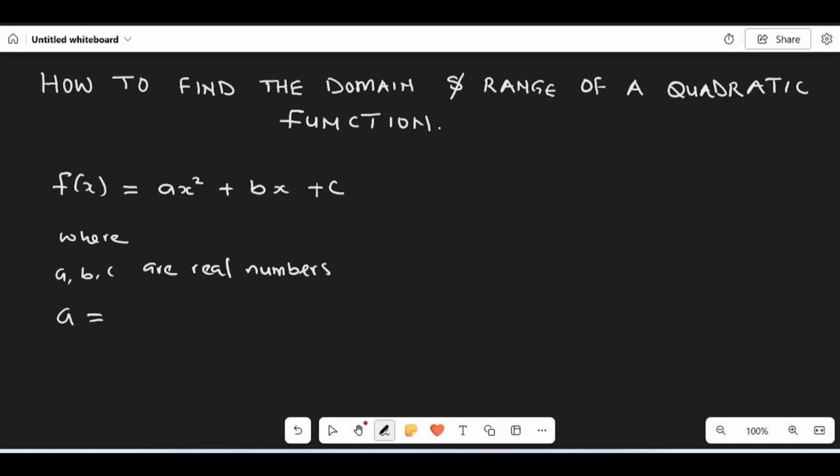A is not equal to 0. The highest power of x is 2, which makes it a quadratic function.